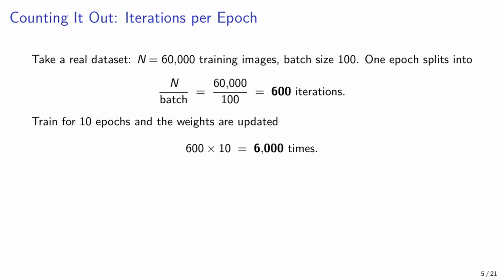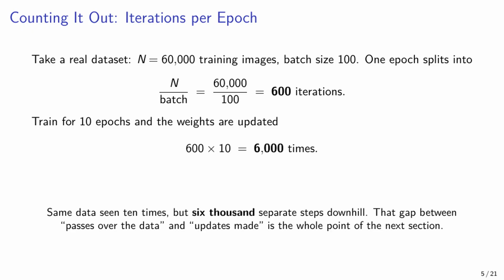The weights are updated 600 times per epoch, times 10 epochs, which is 6,000 updates in total. Sit with that. The same data is seen just 10 times, but the network takes 6,000 separate steps downhill. That gap between passes over the data and updates actually made is the whole point of the next section.